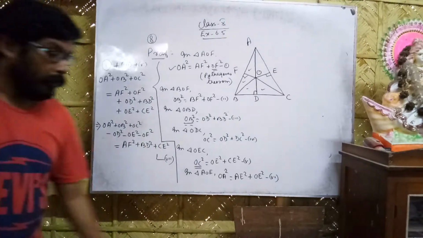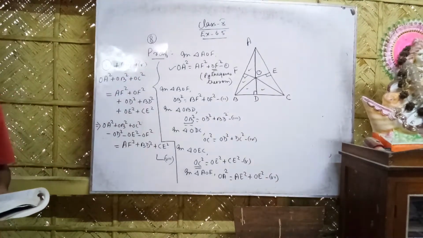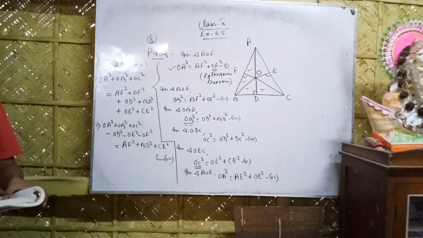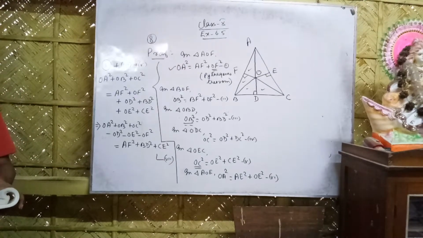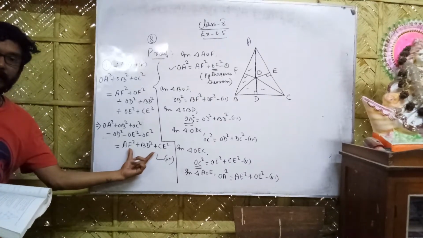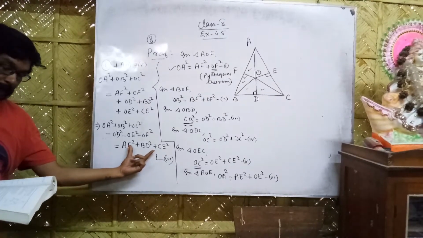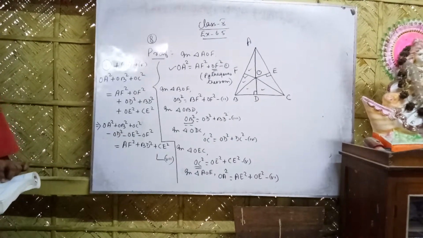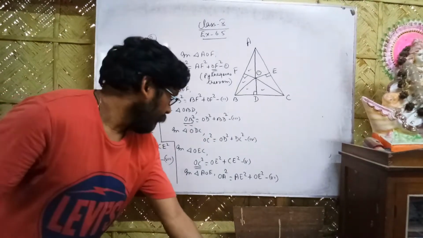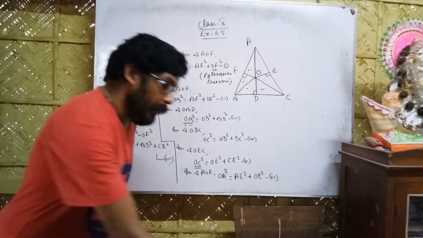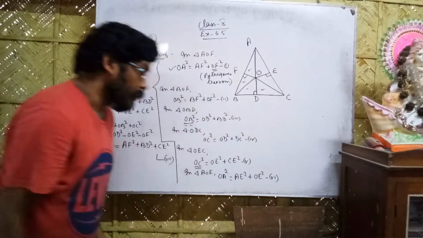Okay, Roman number 2. What did they say to prove? AF square plus BD square plus CE square equal to AE square plus CD square plus BF square. You see, one side is already proved: AF square plus BD square plus CE square. So here I have to do the combination. I have to bring AE square plus CD square plus BF square.